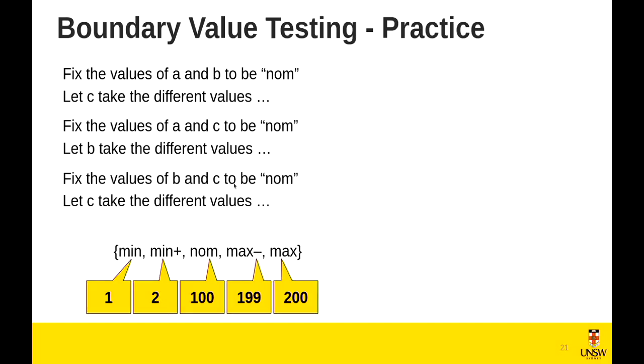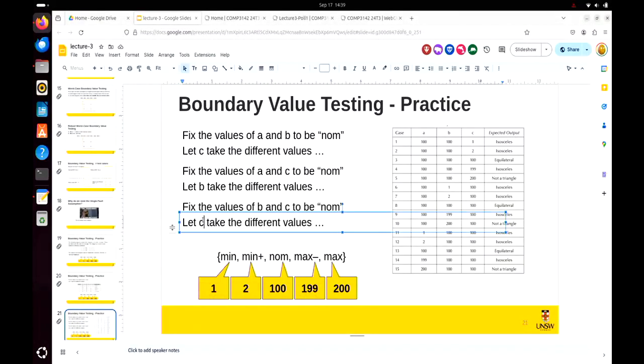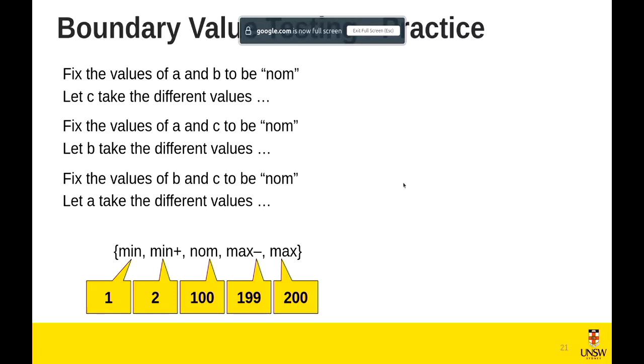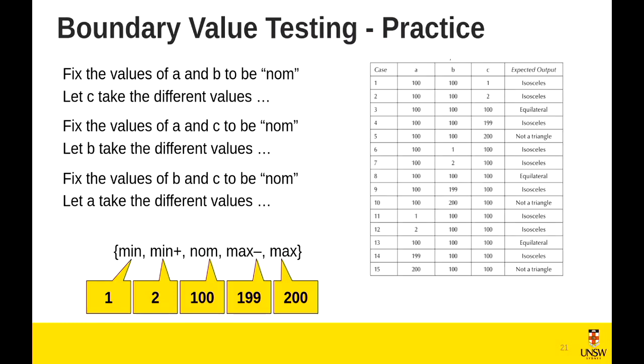So for B and A, we can do the same. There's a typo here actually at A. So just now we created the values for C, and we can do the same for A and B. So in the end, we will have a table like this, a table of 15 cases, which is 5 times 3.